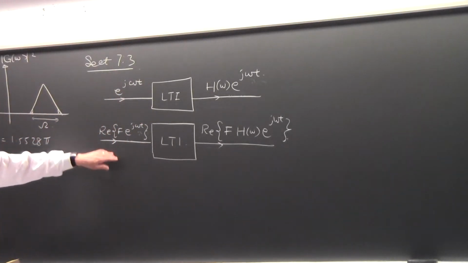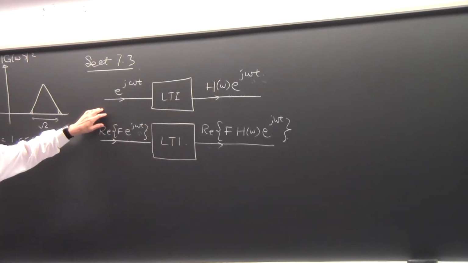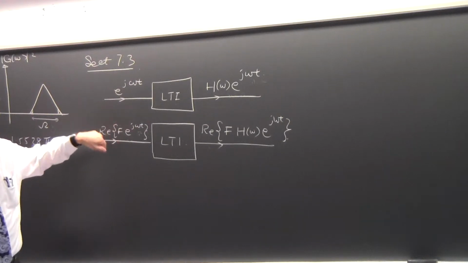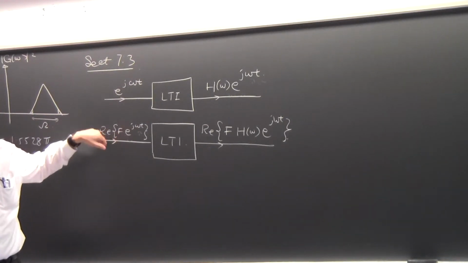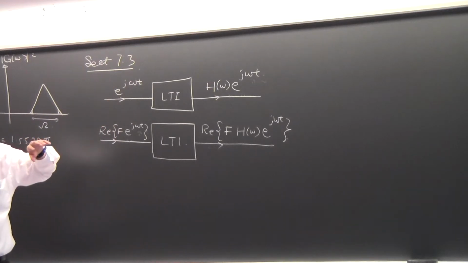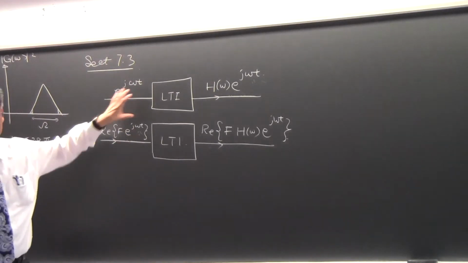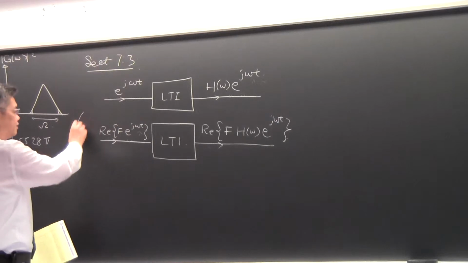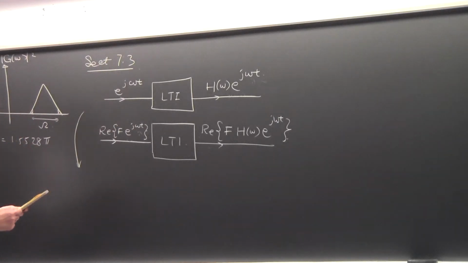And from this diagram, you can get the above diagram, because the bottom diagram means it's valid for all t, and this thing is going round and round in a circle, so you can take out the real part and get the above diagram. Hence, if this is true, this must be true. And if that is true, then it's true for Fourier transforms.